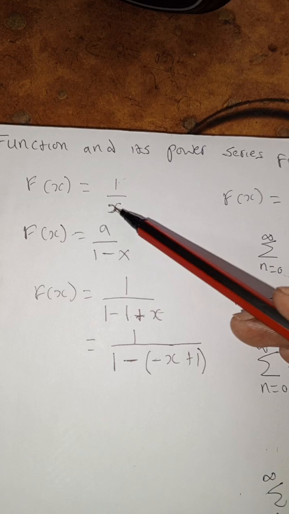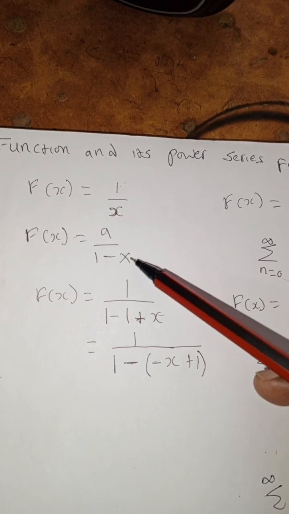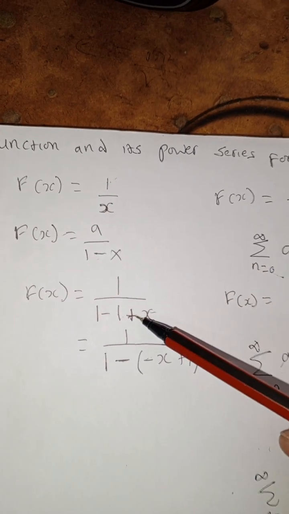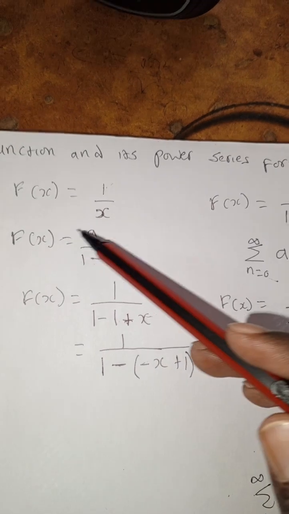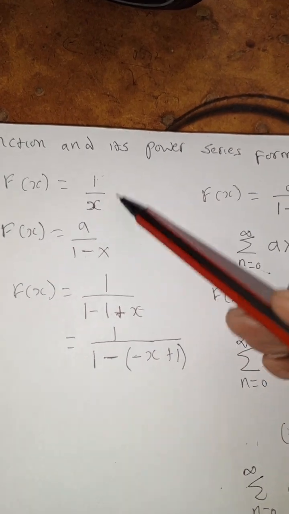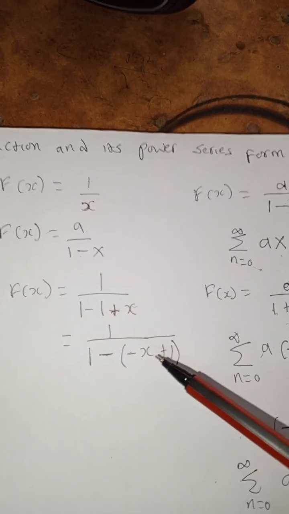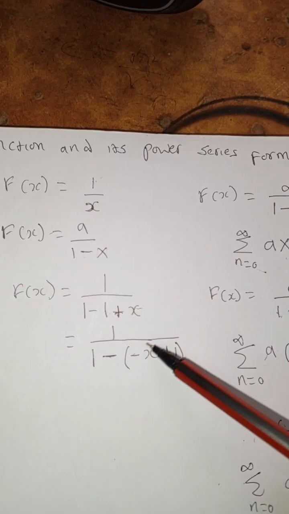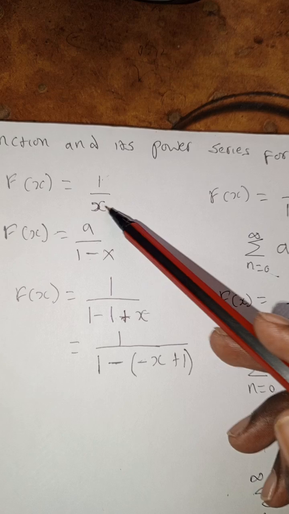At our function which we are given, x was positive. We want to change it into a form which will look like this, but without changing the meaning.